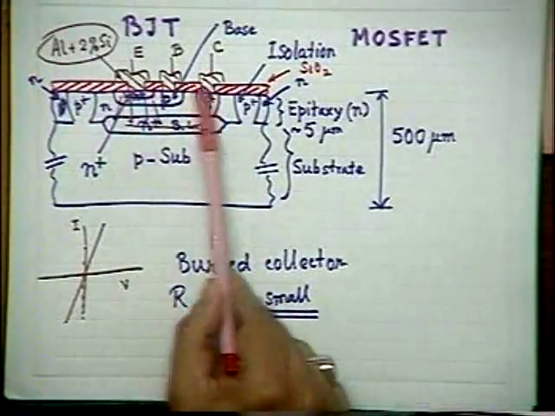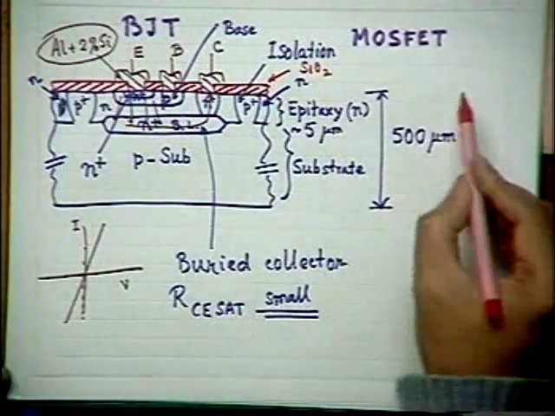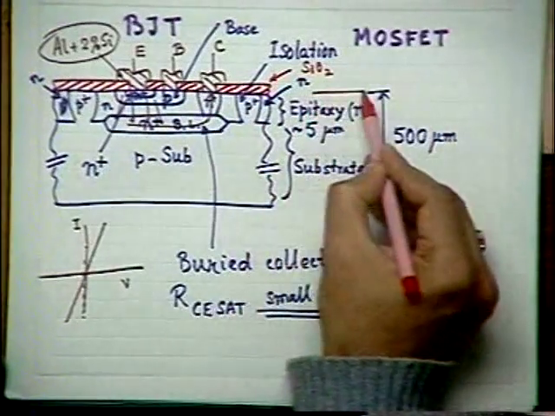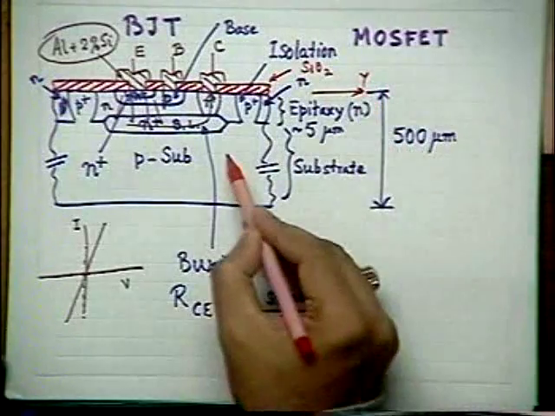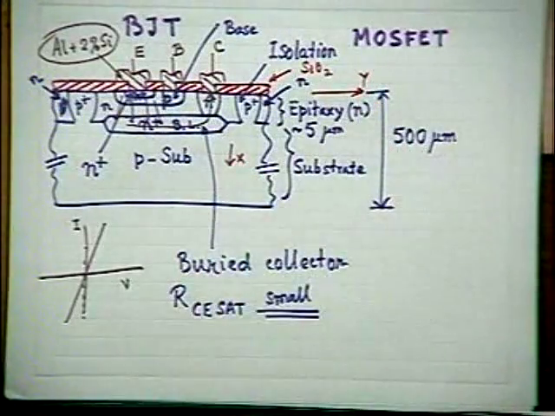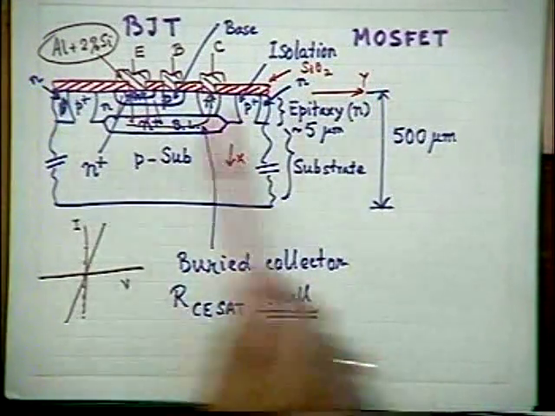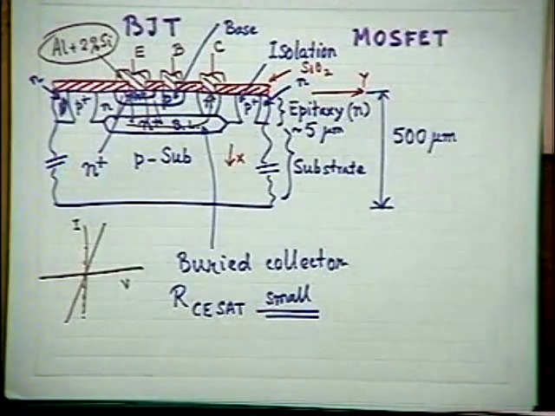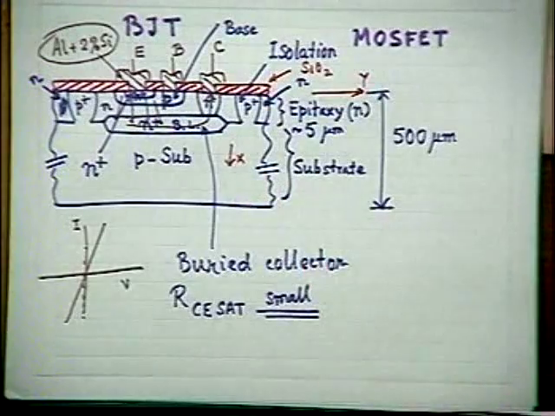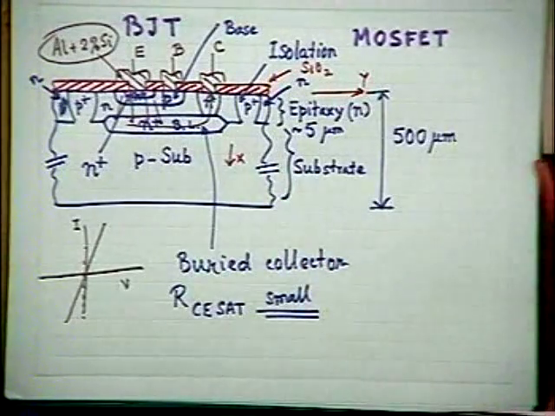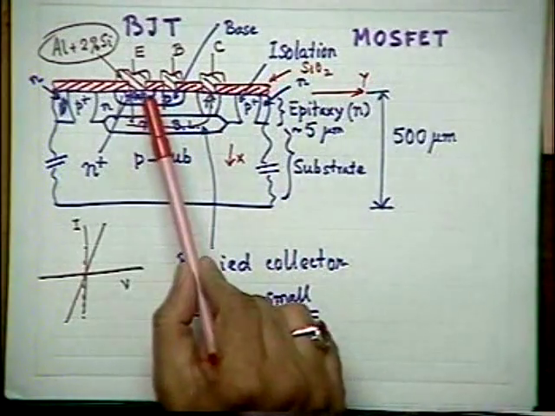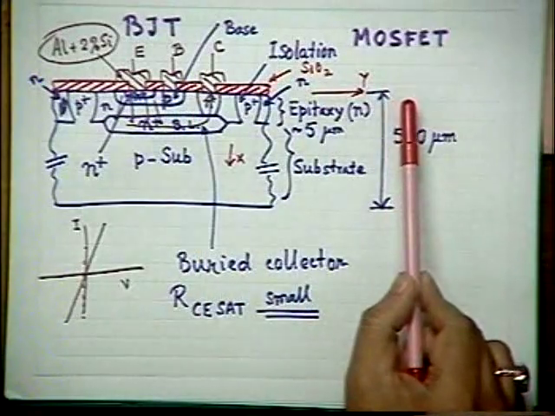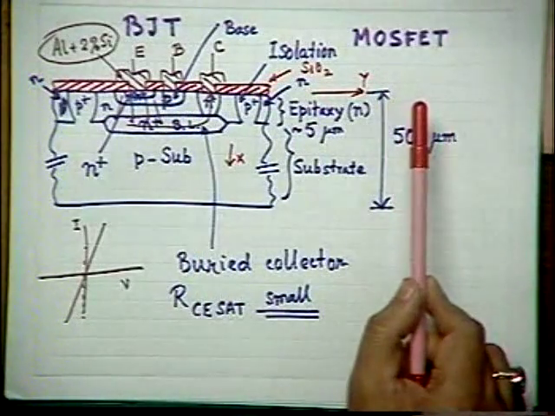The horizontal dimensions, along the x and y axes in the plane, are of the order of tens to hundreds of microns.